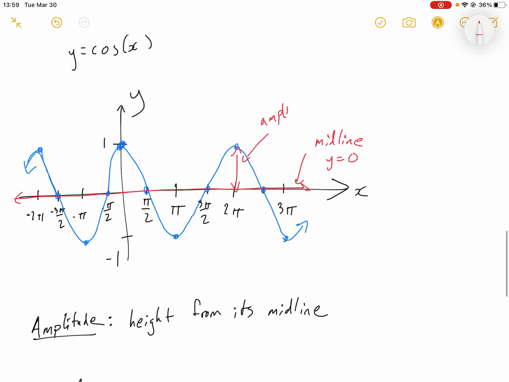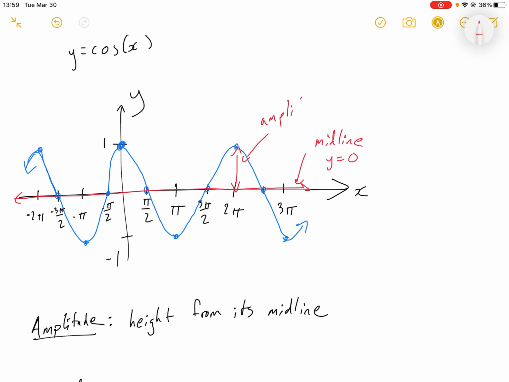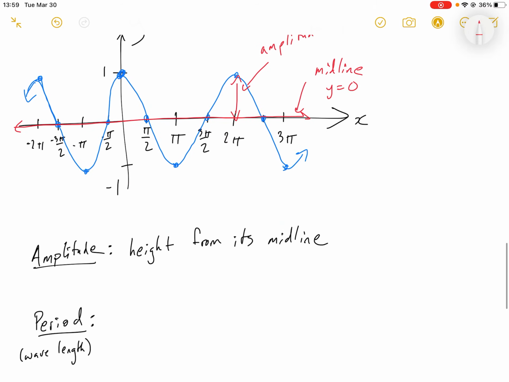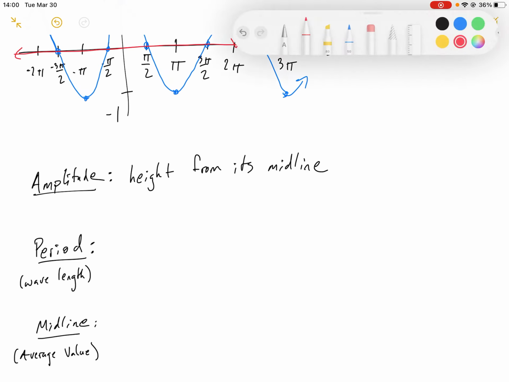Oh boy. Sorry, I was right at the limit of my notes app, so that's why I wasn't writing. So this is the amplitude, and in this case, it equals 1. So for the parent function, the amplitude is 1. The midline is y equals 0.